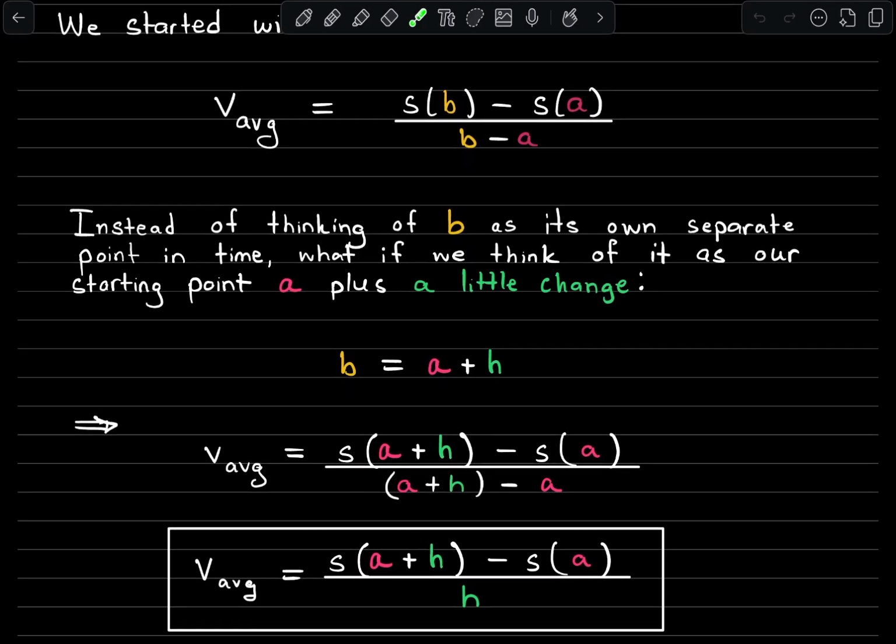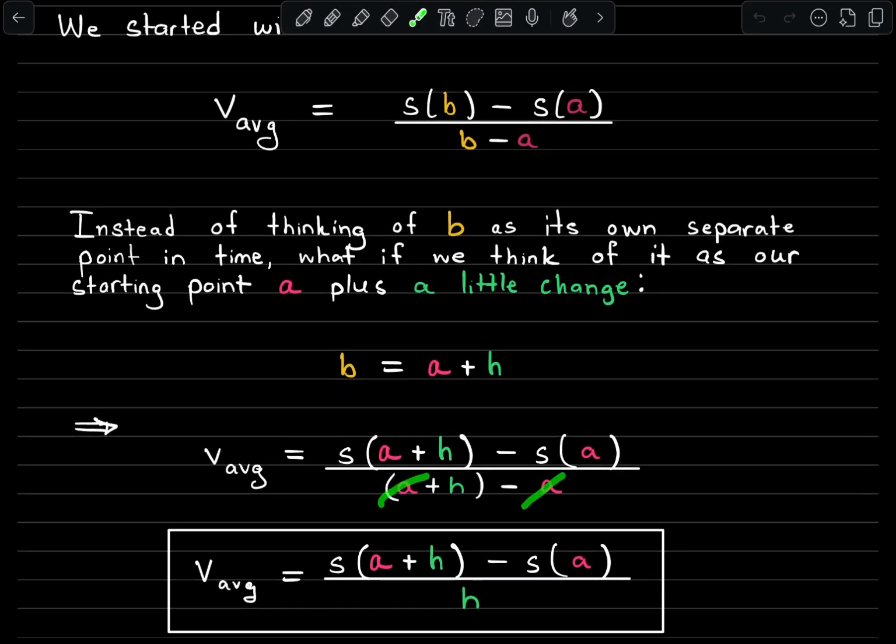Those a's are going to cancel out, and we're just left with h. So our new simplified average velocity formula, in terms of a single point in time a and some incremental change h, is s of a plus h minus s of a, over h.